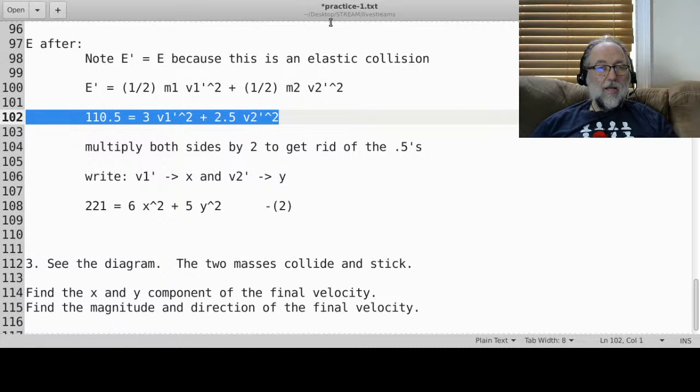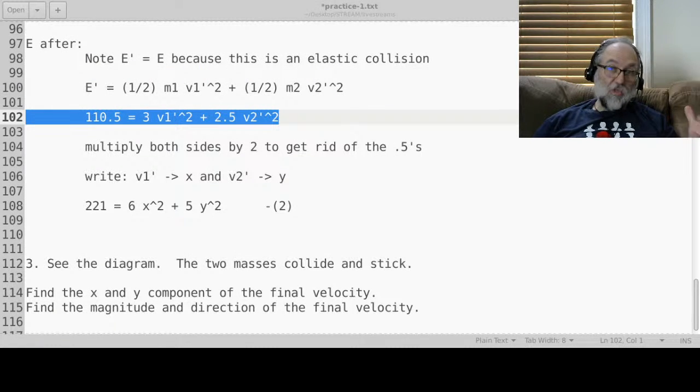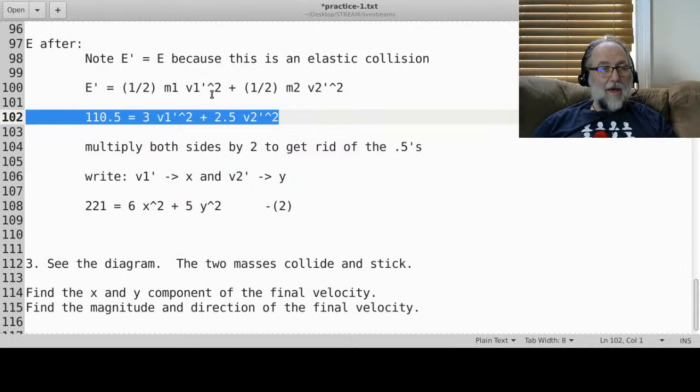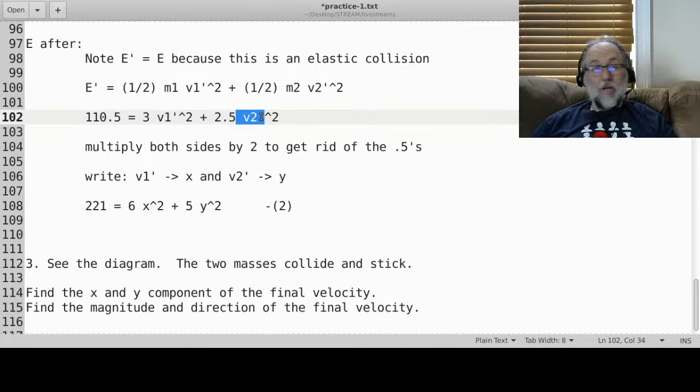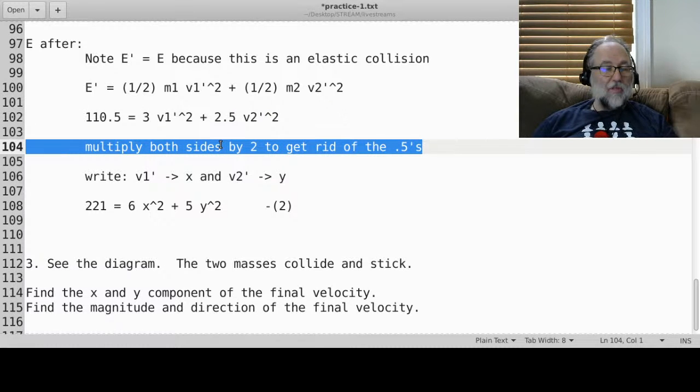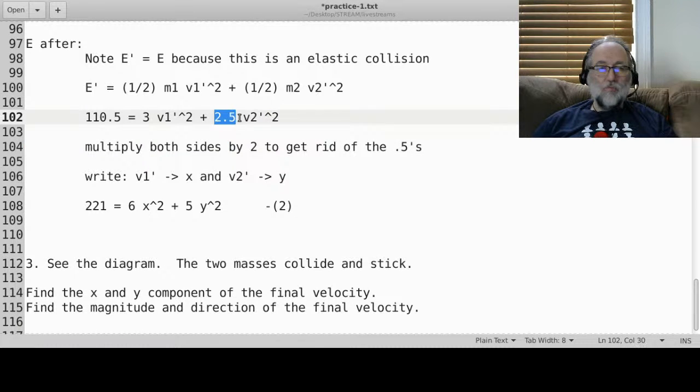Now substituting in all the numbers as far as we can, you get this, and you have v1 primed and v2 primed. They're like that. Those are unknown. Okay, and so just to make life a little bit easier, I don't like that 2.5 there and that 10.5. That's not a big deal. You can certainly work with them, but I just decided to multiply by 2 on both sides to get rid of the 0.5s.